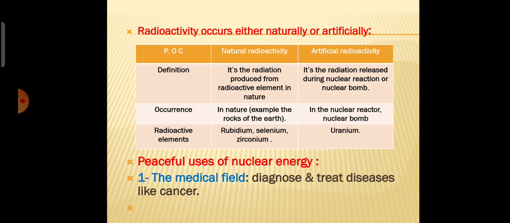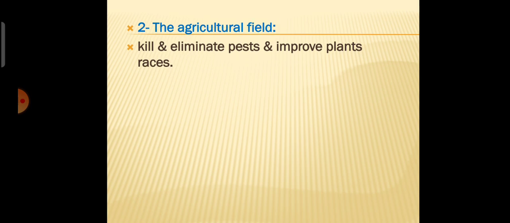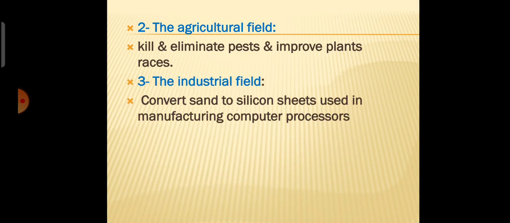There are peaceful uses of nuclear energy. In the medical field, to diagnose or treat diseases like cancer. In the agriculture field, to kill or eliminate pests, or improve plant races. In the industrial field, to convert sand to silicon sheets used in the manufacture of computer processors.